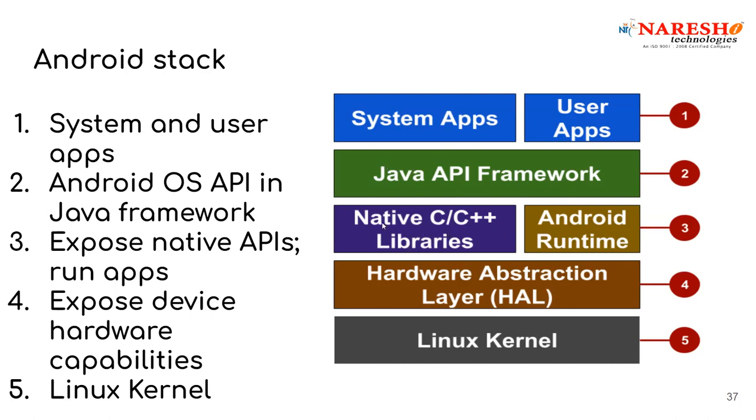Native C++ libraries are also there because we can also develop Android applications natively using C++ and C. Android runtime will facilitate the execution of your application on your system. There is a hardware abstraction layer which includes all the driving software for the different hardware components you have on the device.